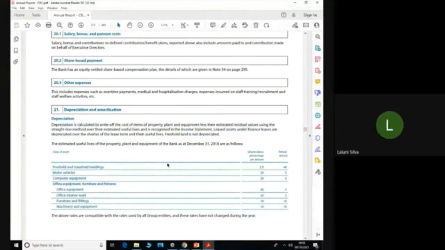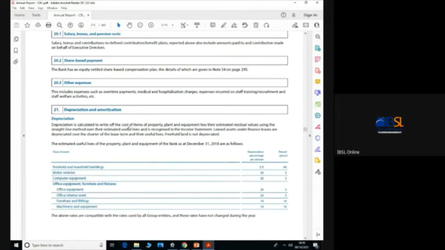Yes, sir. Right, where it says depreciation is calculated to write off the cost of the items of property, plant and equipment, less their estimated residual values, using the straight line method over their estimated useful lives. You see how the policy is drafted?